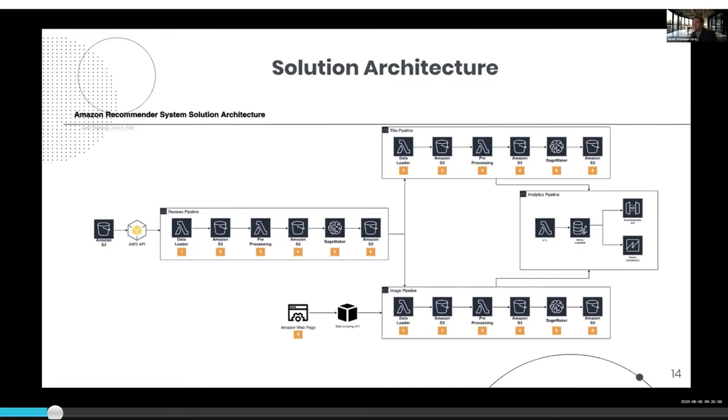So for our recommendation system, we have 4 main pipelines. First we start out with the reviews pipeline, and we collect our data from an Amazon S3 bucket, where the data set is already prepared, which is a collection of Amazon reviews that has already been put together for us.